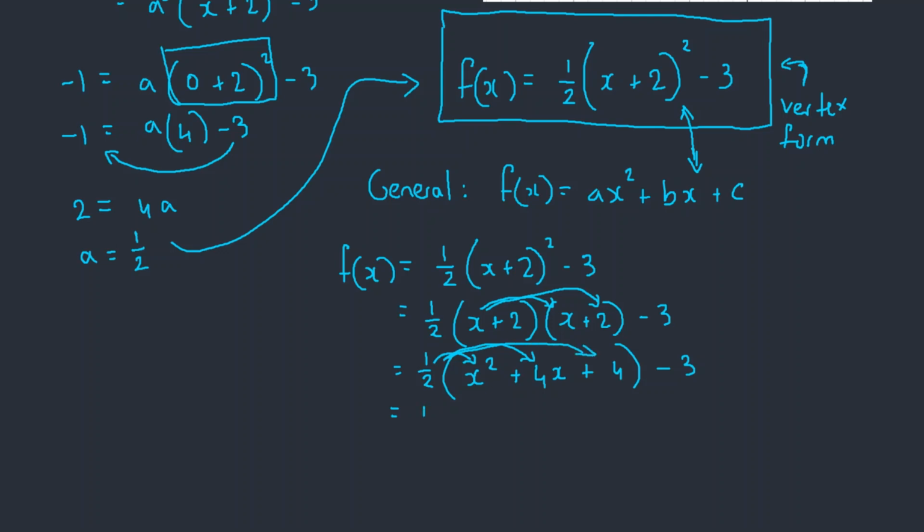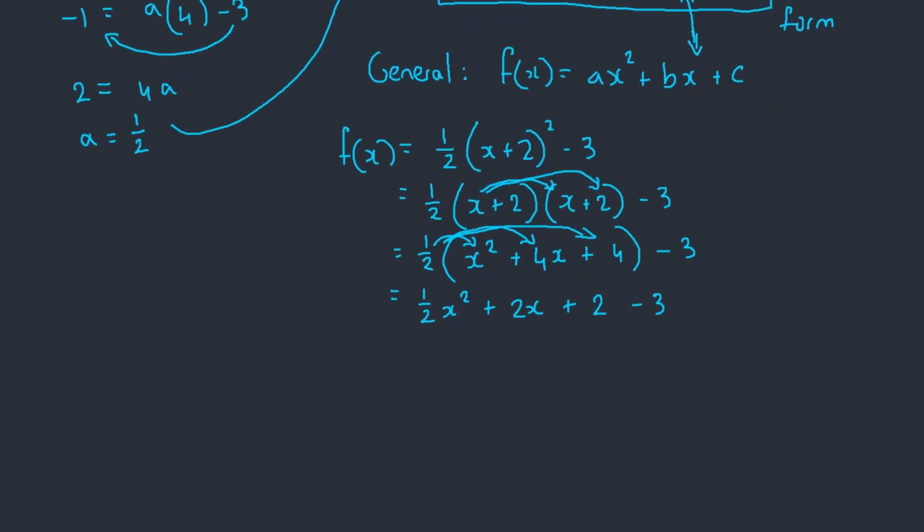So I'm going to get half x² + 2x + 2 - 3. And finally, I'm going to simplify. So I'm going to get half x² + 2x - 1. And so this is the answer right here in general form.